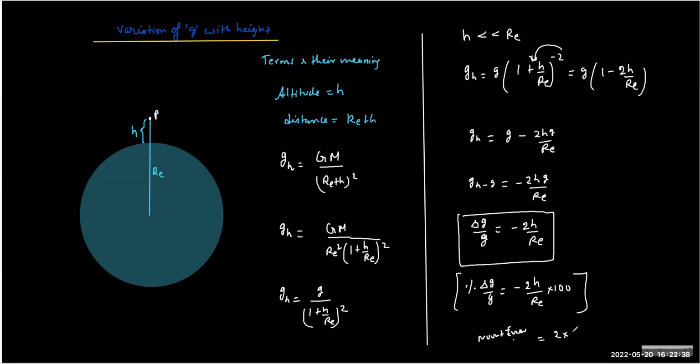So 2 into 8,000 meters, and Earth radius is 6,400 kilometers, which is 64 into 1,000 meters into 100. So this 1,000 cancels out, 10 is also cancelled out, 8 and 8 cancel, 2 and 4 cancel. And this is roughly 2.5%.